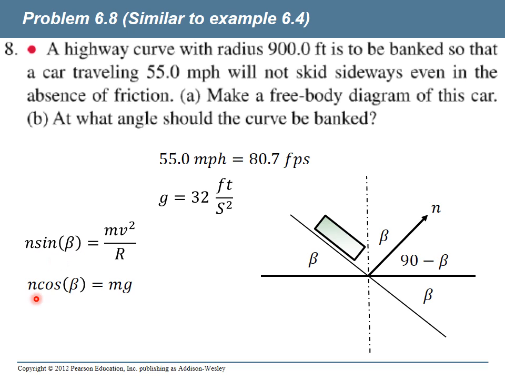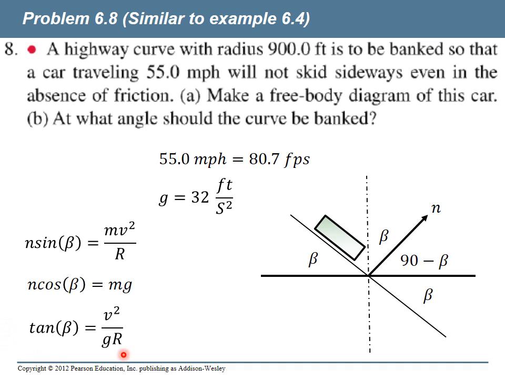So the tangent of beta ends up being the velocity squared divided by the acceleration due to gravity times the radius of the curve, right? The radius, maybe that's from here to here if it's going around a horizontal circle.